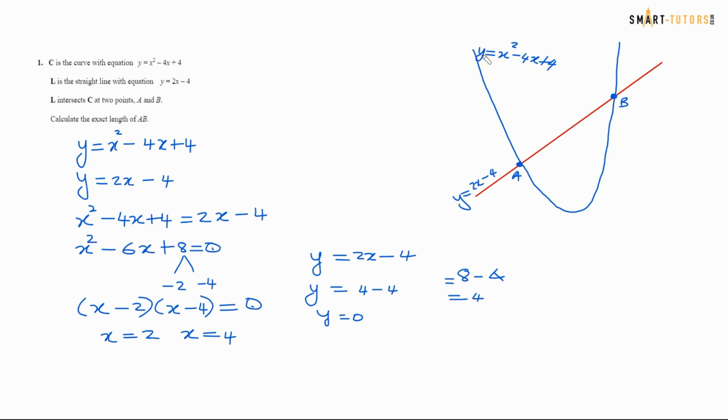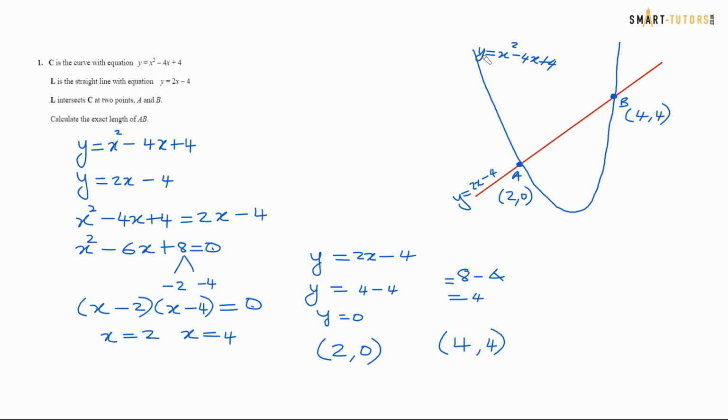So the two coordinates are x equals 2, y equals 0, and x equals 4 and y equals 4. So A is (2, 0) and B is (4, 4).